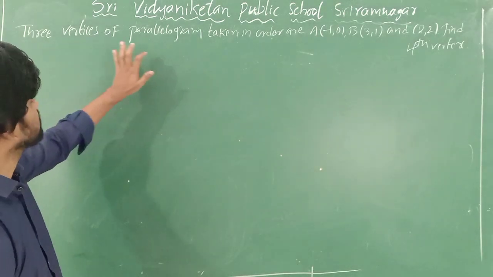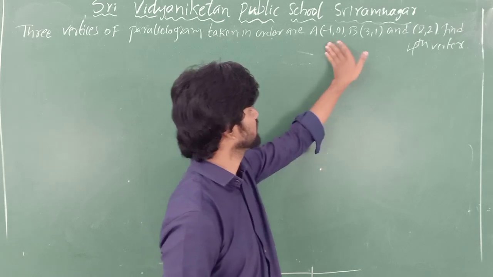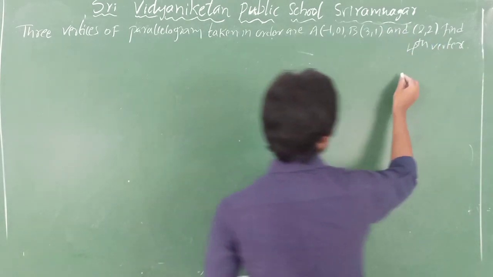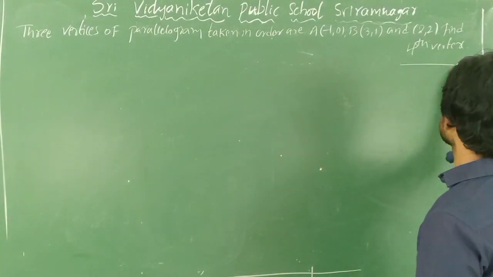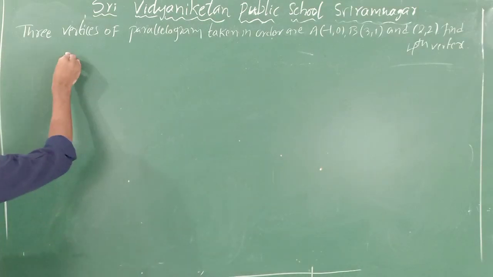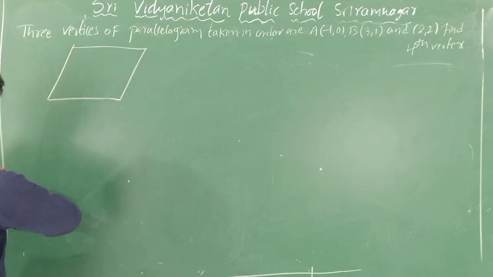Now, 3 vertices of a parallelogram taken in order, A, B, C, are given. We have to find the 4th vertex. First, draw a parallelogram.